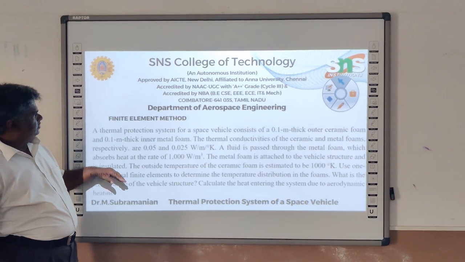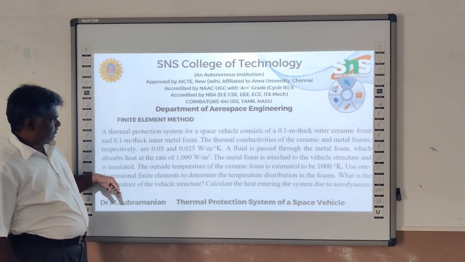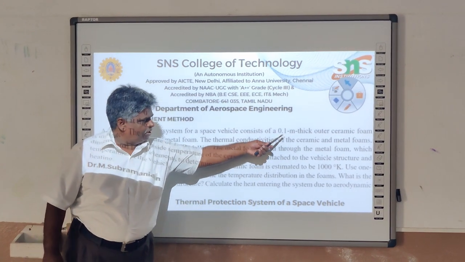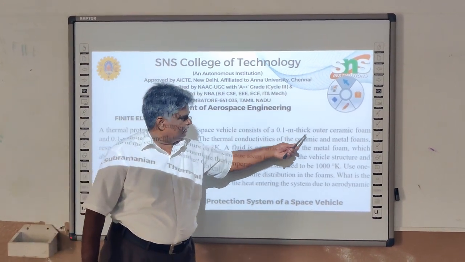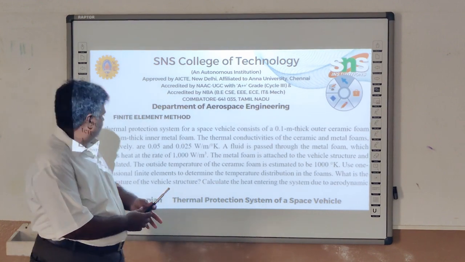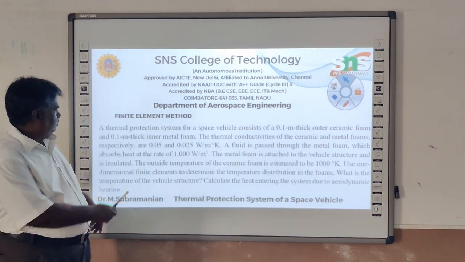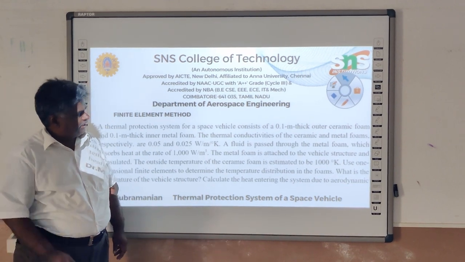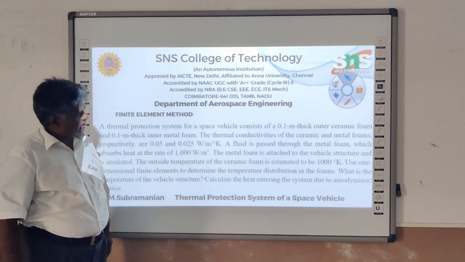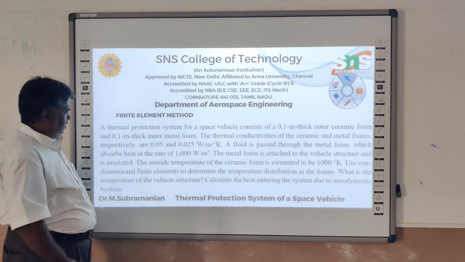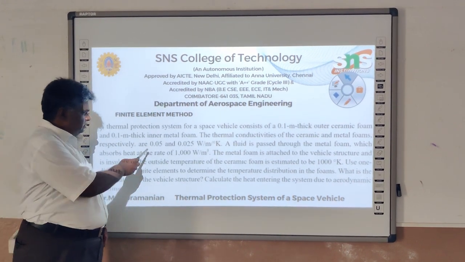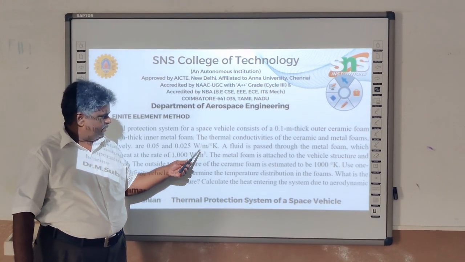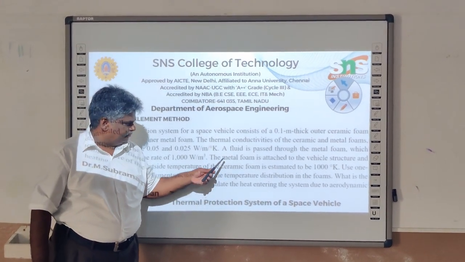The example problem of a thermal protection system for a space vehicle consists of 0.1 meter thick outer ceramic foam and 0.1 meter thick inner metal foam. The thermal conductivity of the ceramic and metal foam, respectively, are 0.05 and 0.025 watt per meter Kelvin.